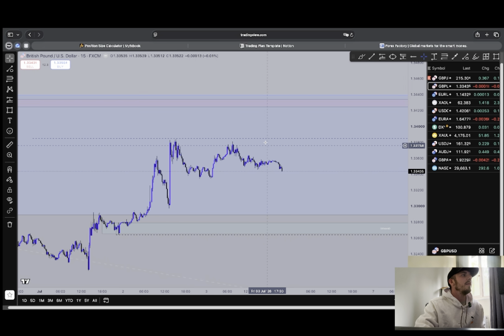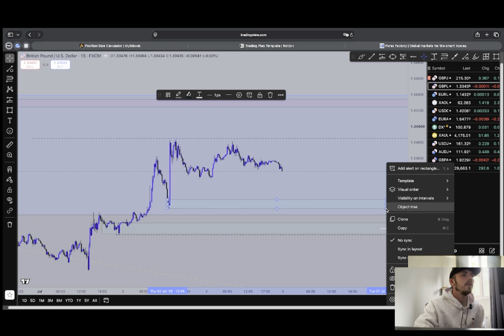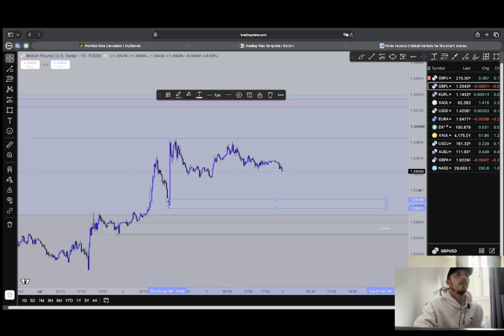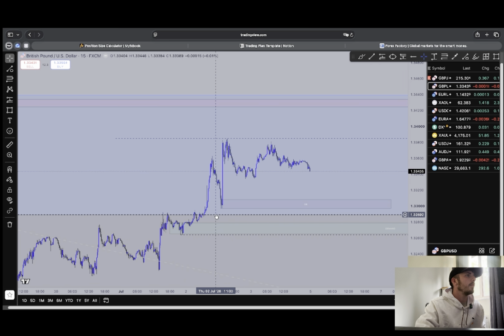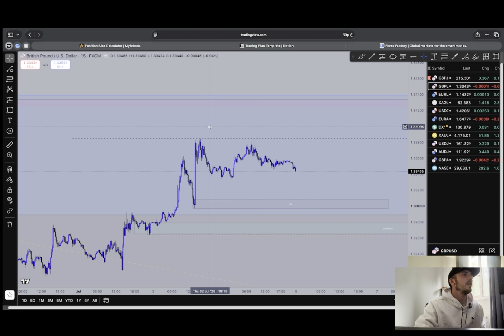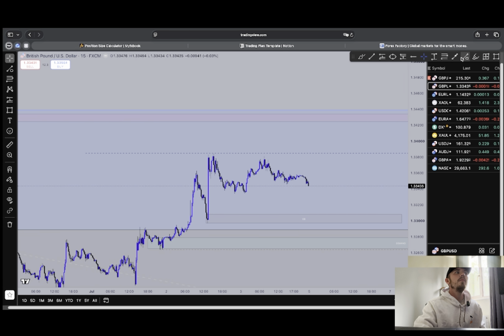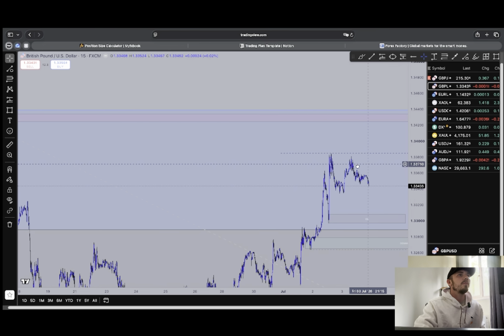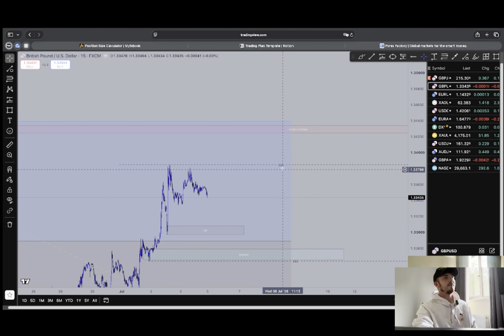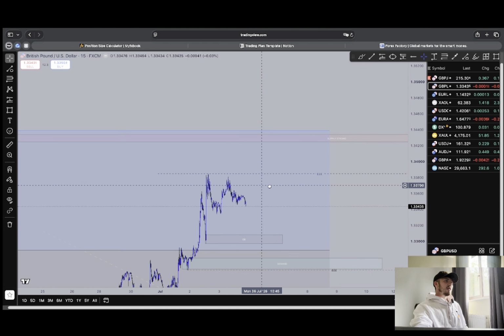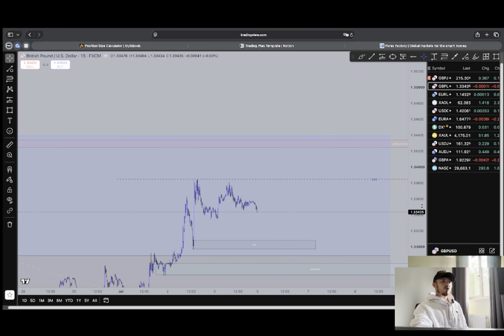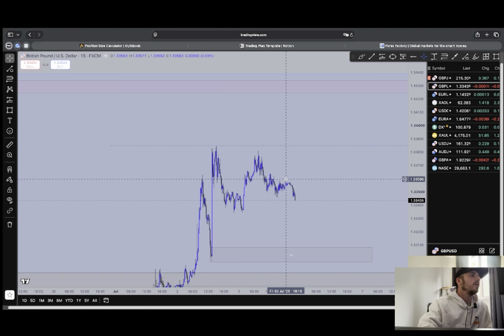So if I was to make a sell point up here, I'd probably be targeting this order block right here. Got equal highs here, so that makes this daily liquidity even more of an attraction point for price to go to.